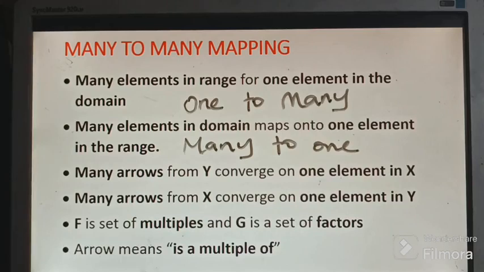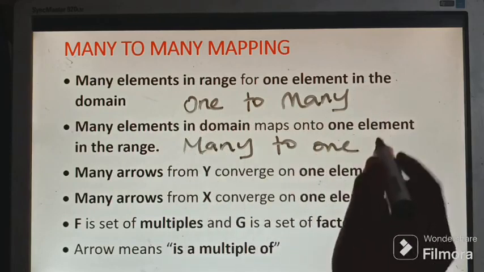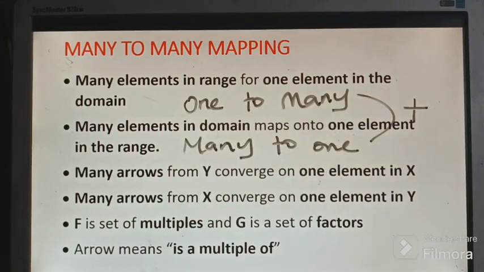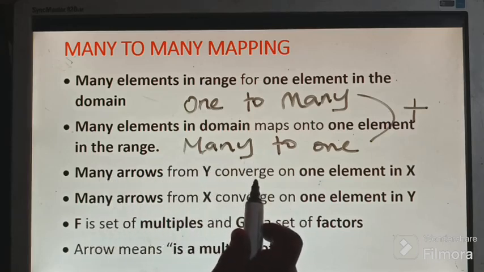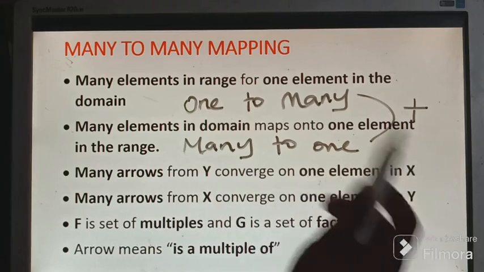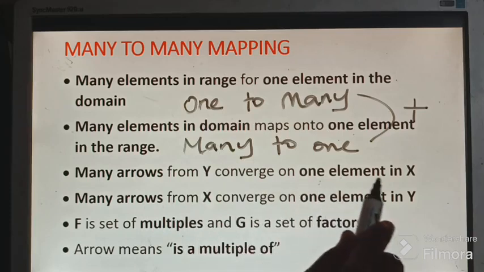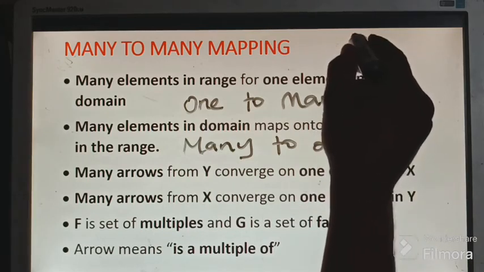So what does that mean? It means that many to many mapping is one to many and many to one combined. So when these two are combined, they make many to many. What does that mean? It means we have many arrows from y converging on one element in x, and also many arrows from x converging on one element in y. It's like we have two things happening.